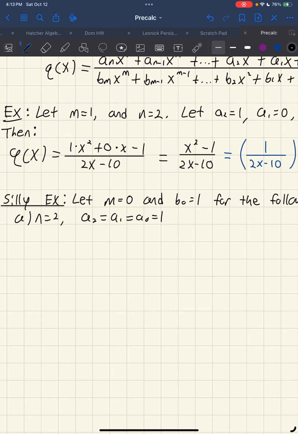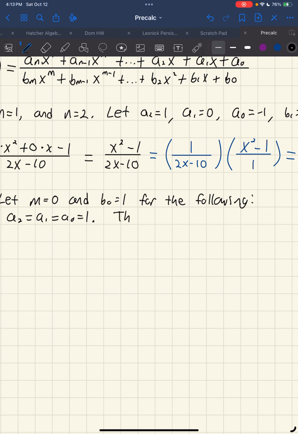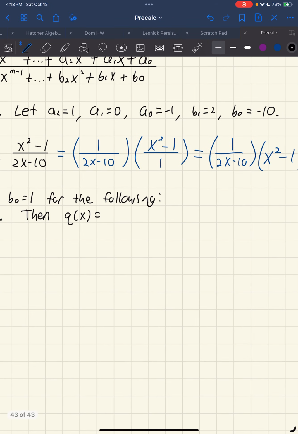So they're all just 1. It's just a quick way to write that. Then what we'll get is that our q of x, or whatever you want to call it, f of x, g of x, I'm just doing q for quotient, after doing all the math, is x squared plus x plus 1 all over just 1, or x squared plus x plus 1.